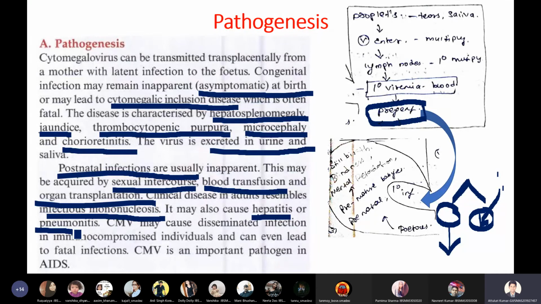So this virus will cause a disseminated infection in immunocompromised patients. Disseminated infection means this virus will start spreading in all organs of the body, causing multi-organ failure. This can be seen commonly among immunocompromised people, such as patients infected by HIV. Among those, disseminated infection can also be seen with cytomegalovirus.